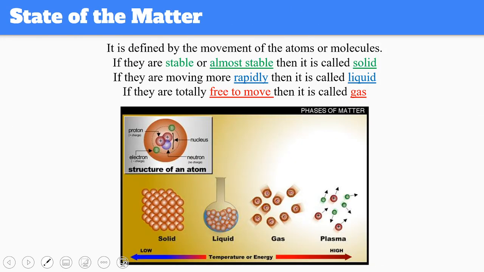All right, states of matter. Depending on the temperature, we are going to have different phases: solid, liquid, gas, and plasma. The number one difference between those phases is basically molecule distribution. In solids, they're going to be pretty close.